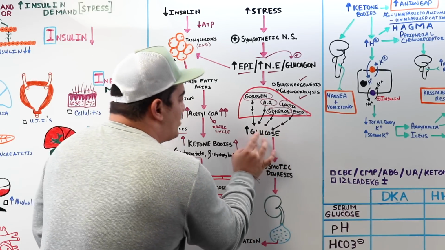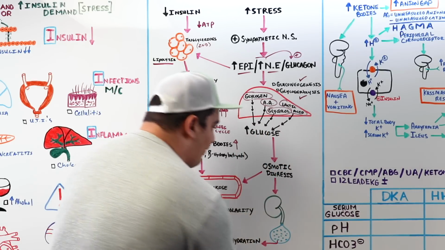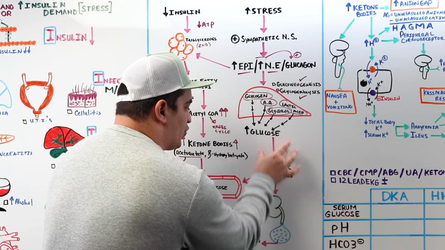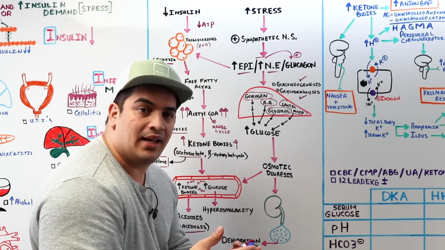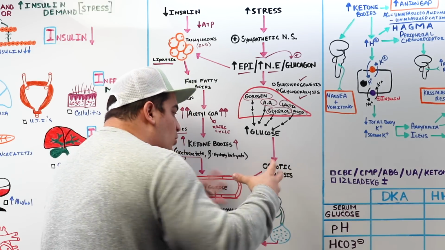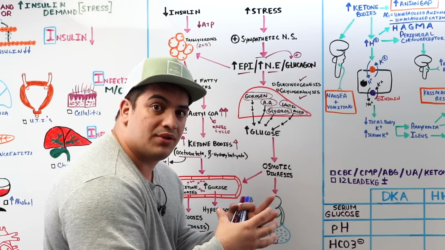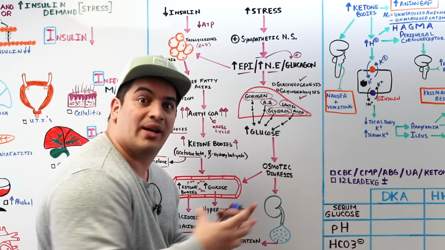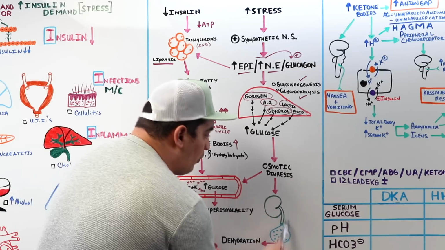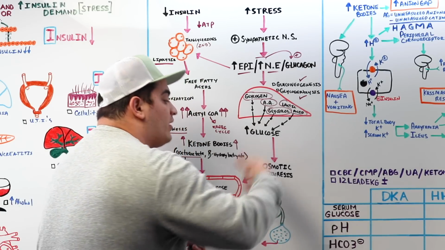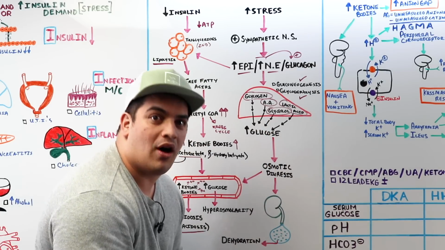Now, let's go back to this high glucose. Whenever there's elevated levels of glucose, remember what we said it does in the kidney? It gets filtered into the PCT. The PCT can't deal with all that large volume of glucose, and so because of it, it can't reabsorb it, and a lot of that glucose gets lost into the urine. Well, when glucose gets lost into the urine, what does it draw with it? Water.